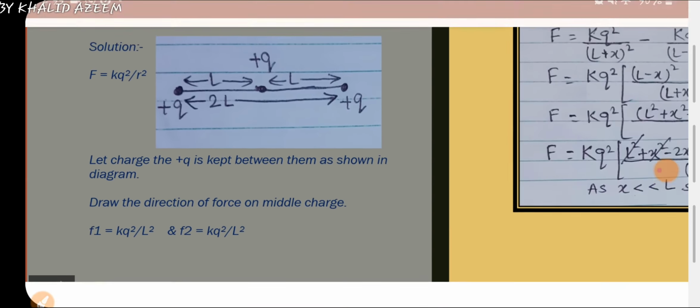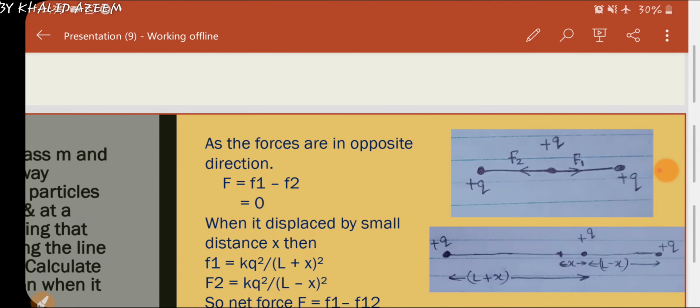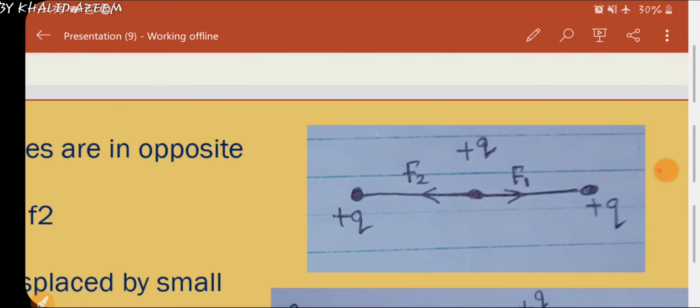Now just take a look at the direction. As this charge is plus Q and this is also a positive charge, they will repel each other, and F1 is in this direction. Similarly, this is positive and this one is also positive, so F2 is in this direction and they will repel each other.